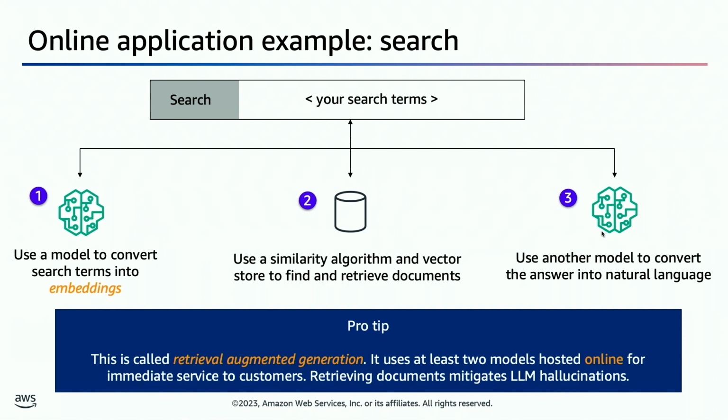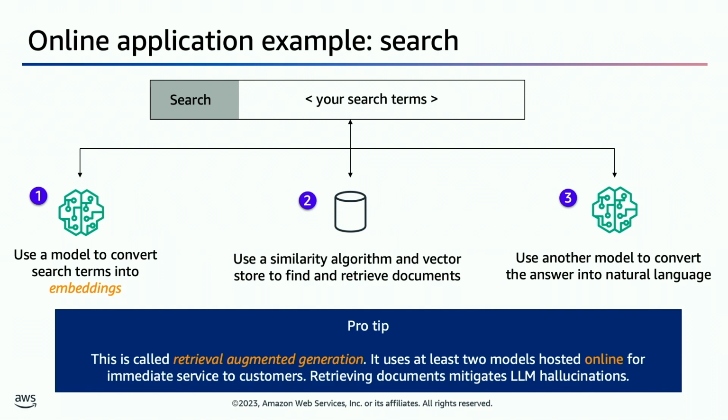And then in step 3, I'll use another model to convert that answer into natural language. So take the document, extract the relevant information from that document, and then convert that into a natural language answer that my consumer is going to like, that my customer will enjoy. So this whole process is called retrieval augmented generation. And it's using, as you can see, at least 2 models that are both hosted online.